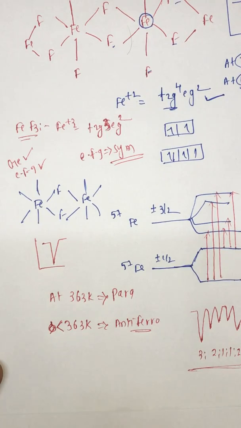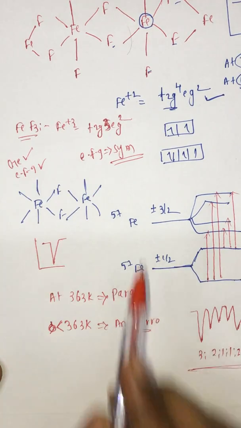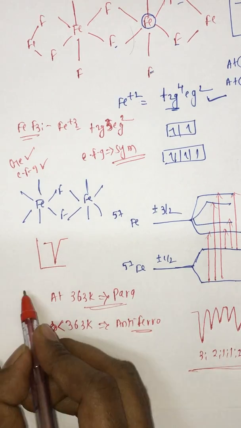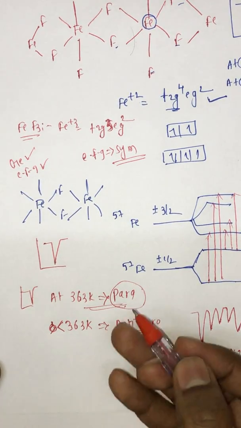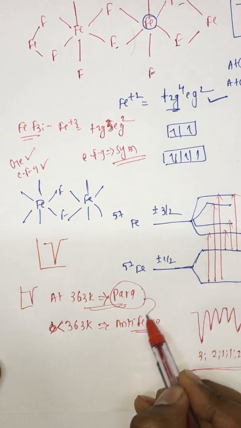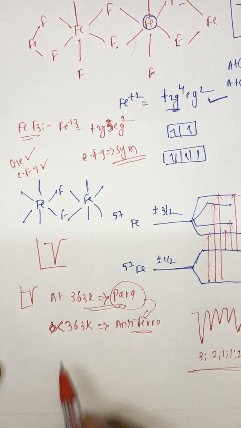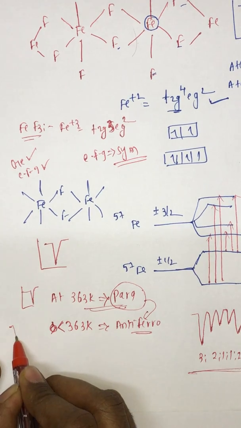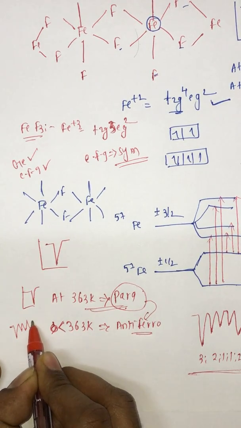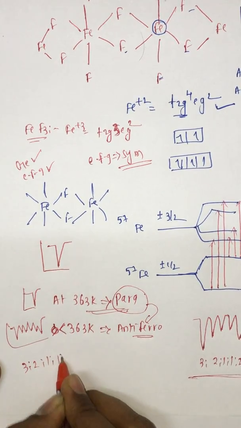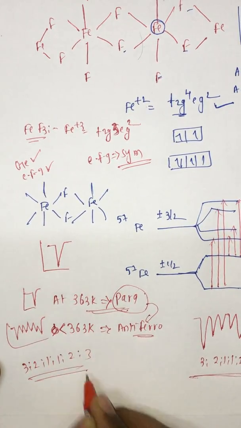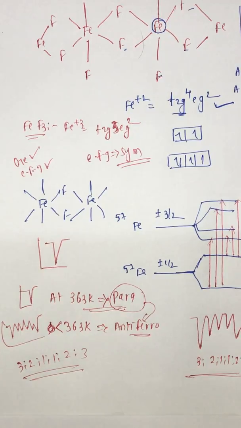So when we record the Mossbauer spectra for FeF3 at the higher temperature, we will get a single line because it's acting as paramagnetic in nature. When we reduce the temperature, the paramagnetic changes into antiferromagnetic in nature. Because of that reason, here also we will get a 6-line signal in the ratio of 3:2:1:1:2:3. Okay, so this is about FeF2 and FeF3.